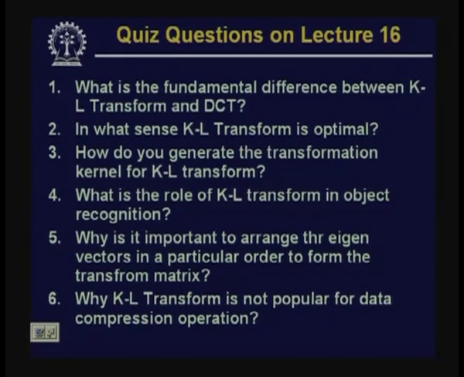Fourth question, what is the role of the KL transform in object recognition? Fifth one, why is it important to arrange the eigenvectors in a particular order to form the transform matrix? And the last question, why is the KL transform not popular for data compression operations?